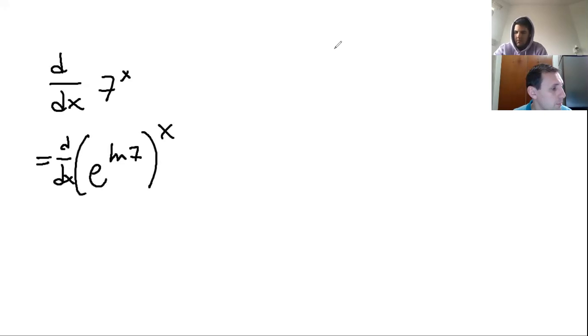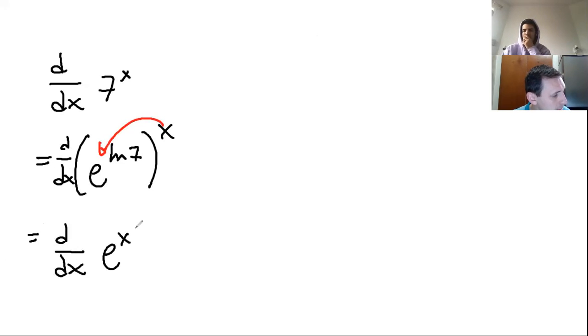I can move the x by multiplication. Here the x can be placed here, and so I am dealing with the derivative of e to the x ln 7.